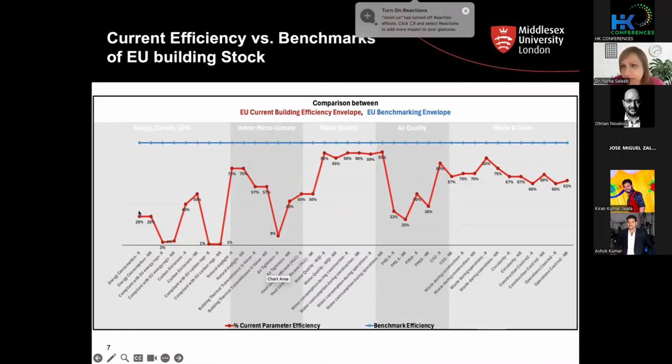You can see yourselves how inefficient buildings currently are.